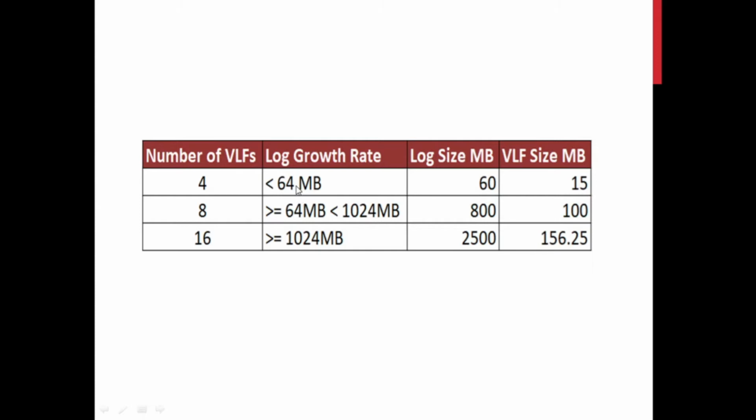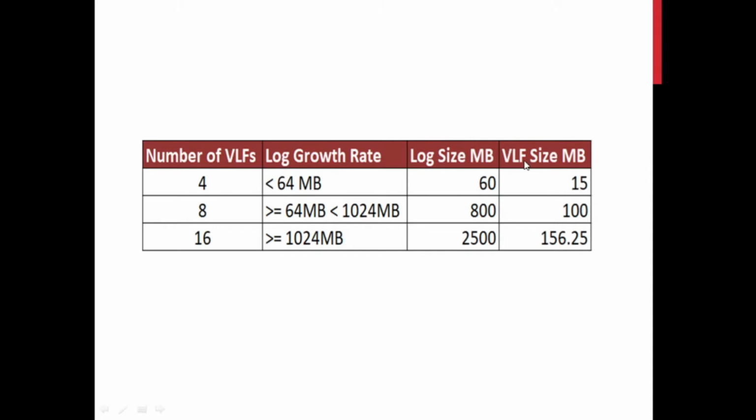To understand it in more detail, let's take if you have a log size of 60 MB. This means it falls under the first row, where the log growth rate is less than 64 MB. So for this 60 MB of log size, 4 VLFs will be created. Now if I have to find out the size of 1 VLF, it is going to be 60 MB divided by 4, 15 MB.